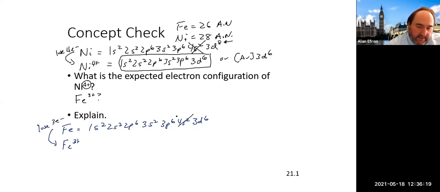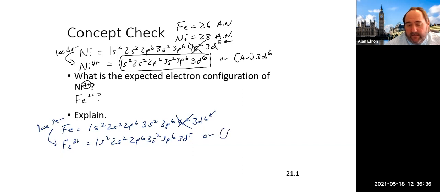The same 2 come out of the s, then we still need to take 1 out of the d, yielding 1s2, 2s2, 2p6, 3s2, 3p6, 3d5, argon 3d5. Any questions on how to write electron configurations for transition metals?